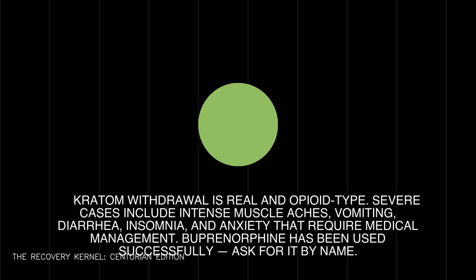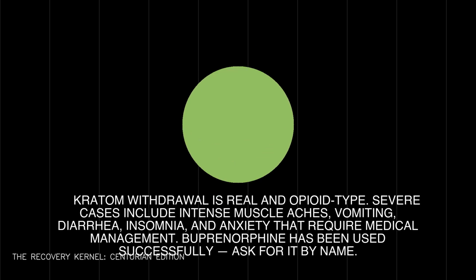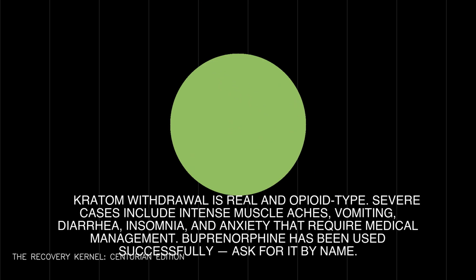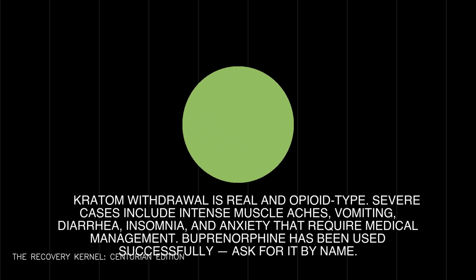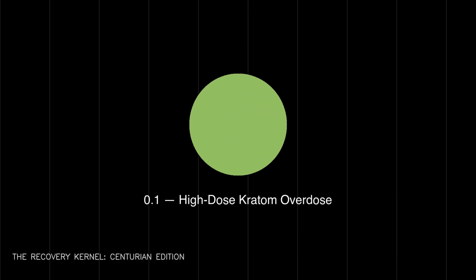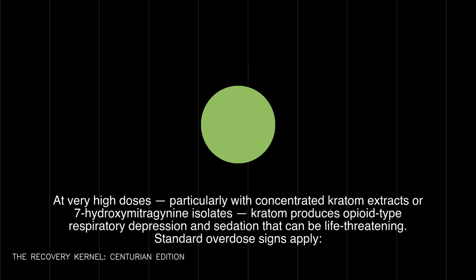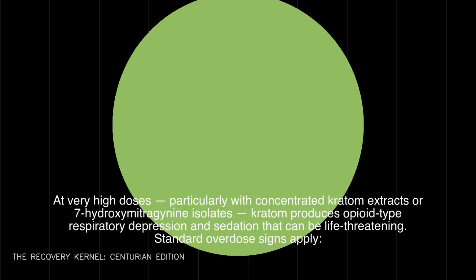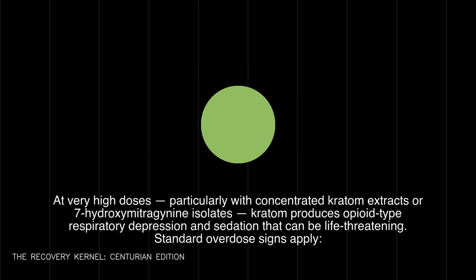0.1 High-dose kratom overdose. At very high doses, particularly with concentrated kratom extracts or 7-hydroxymitragynine isolates, kratom produces opioid-type respiratory depression and sedation that can be life-threatening. Standard overdose signs apply: severe sedation, difficulty waking, slowed breathing. Call 911.